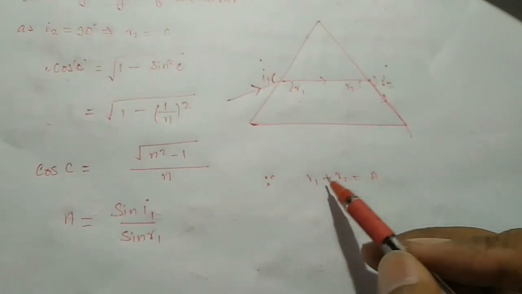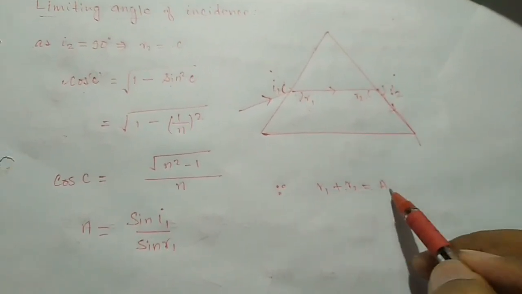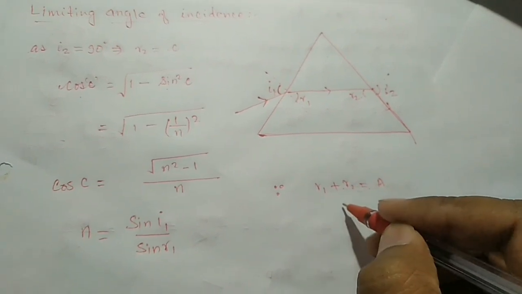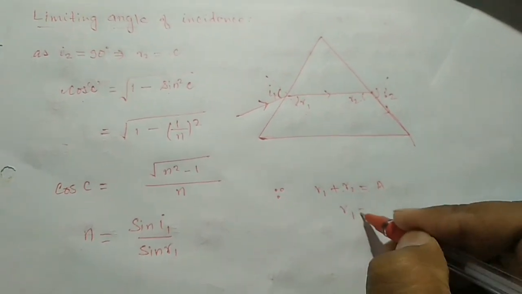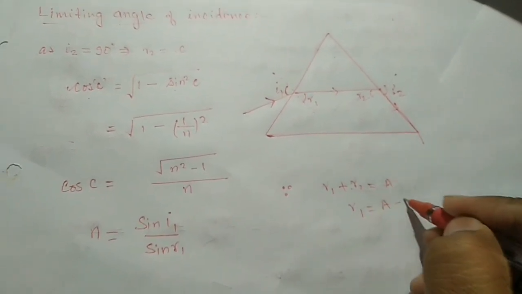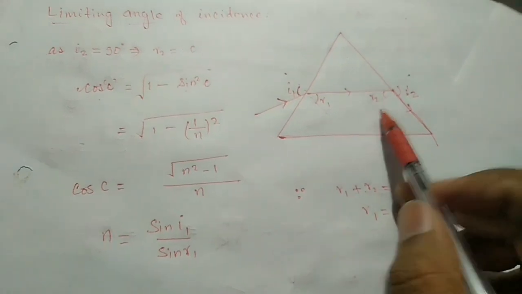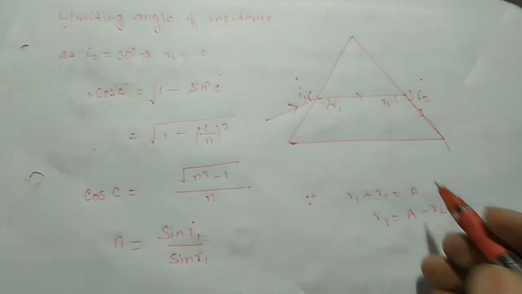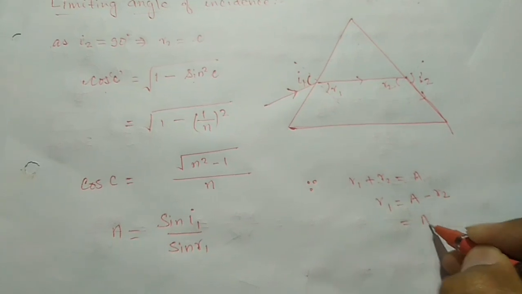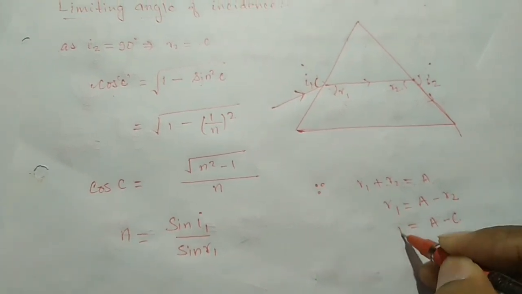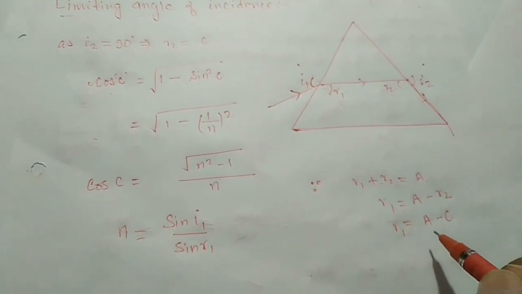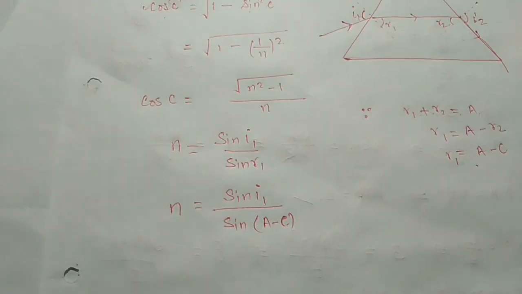Since R1 plus R2 is equal to the angle of prism, R1 is equal to A minus R2, and R2 is the critical angle. So instead of R1 we can write A minus C.